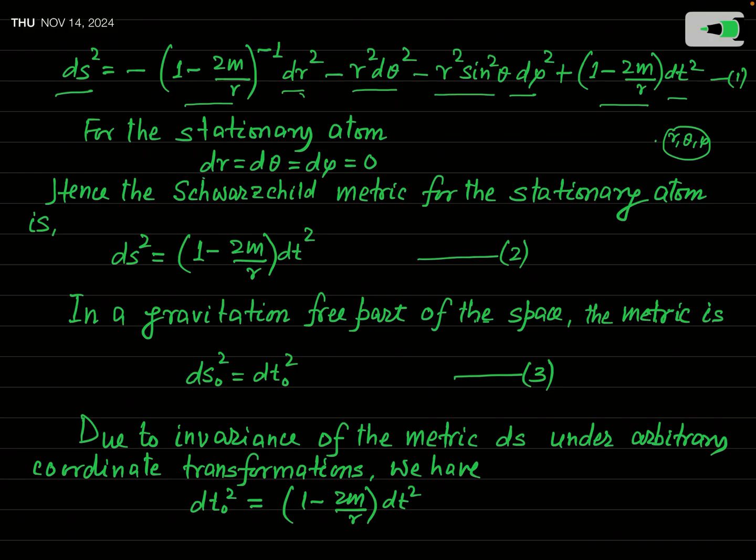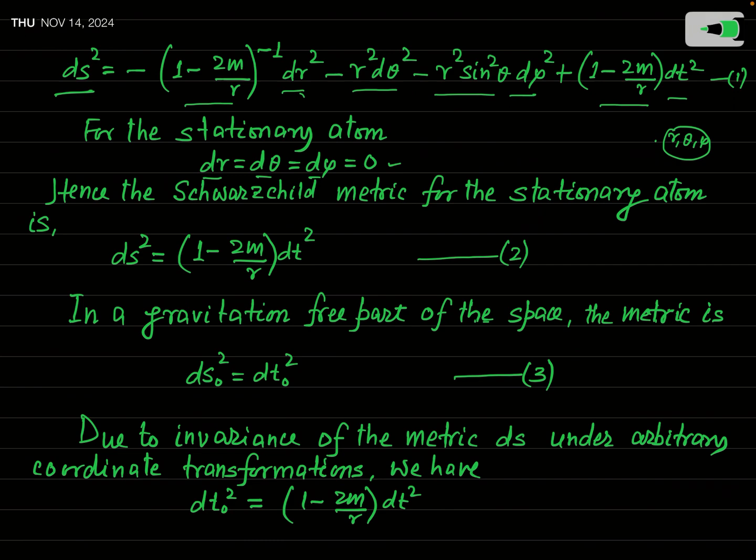Then dr, d theta and d phi, the elementary changes in r, theta and phi, will be equal to 0. So what is the expression for the line element for the atom at rest?